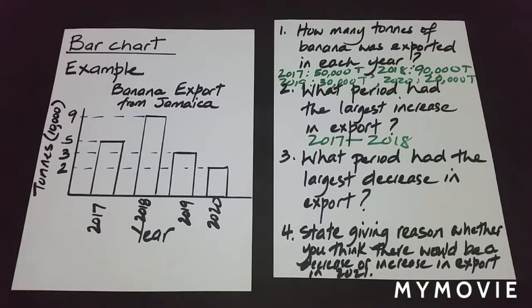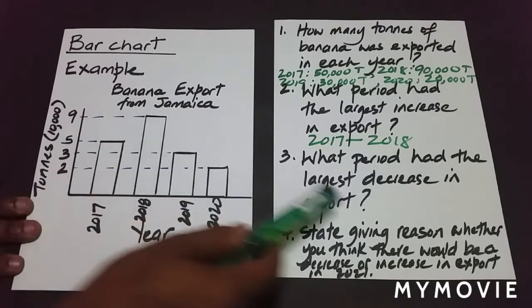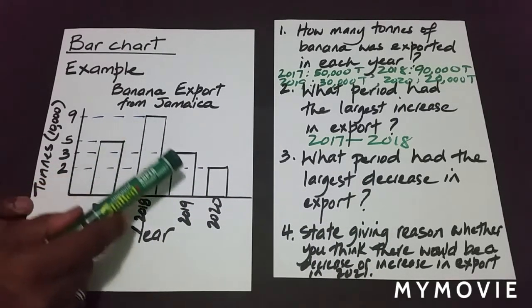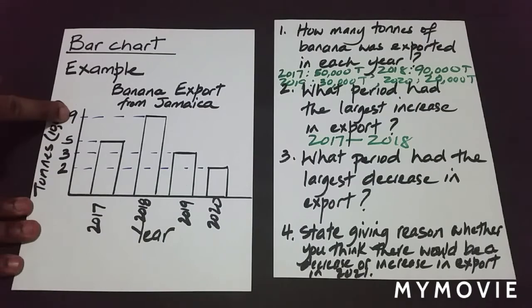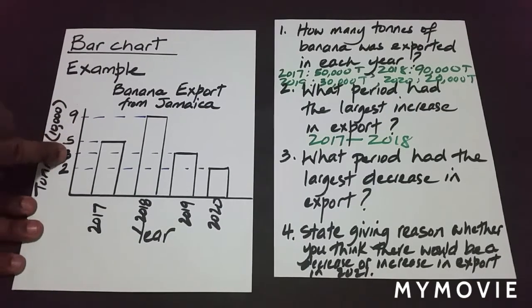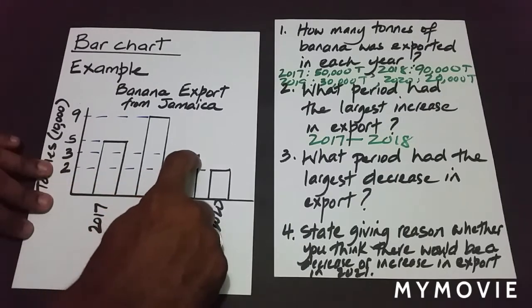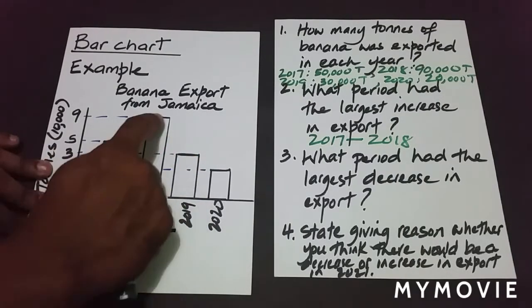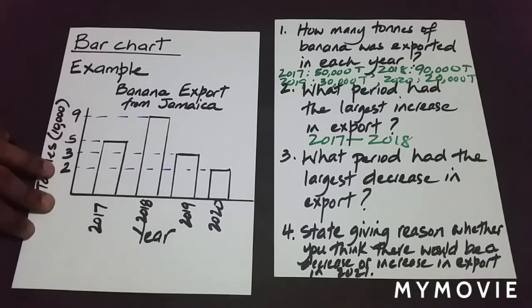Question 3 says, what period had the largest decrease in export? Now if you look here, and of course you do the working out for each part, between 2018 and 2019 there's a difference between 90,000 and 30,000 tons. So this line here represents 30,000, and this one here represents 90,000.